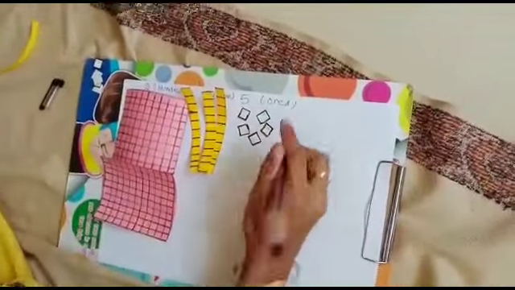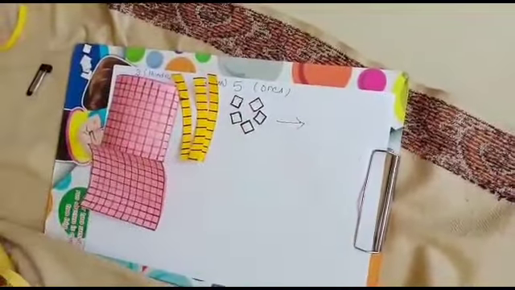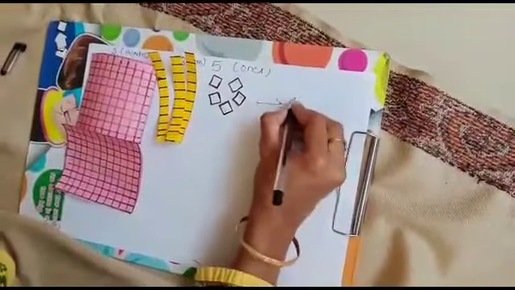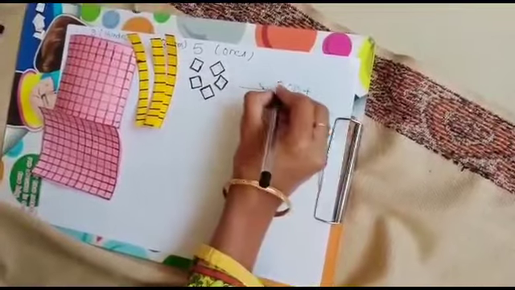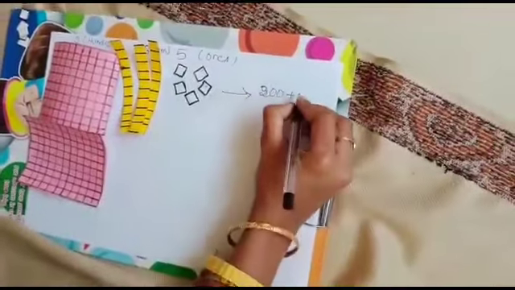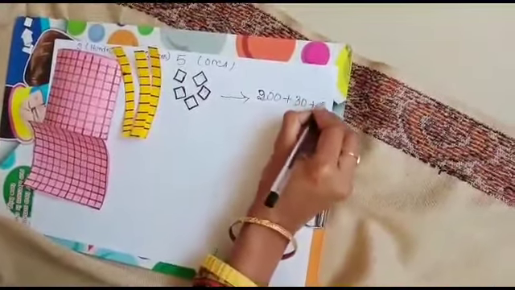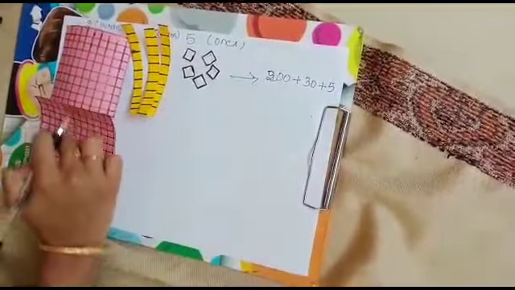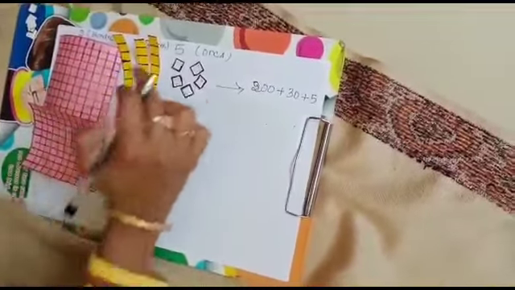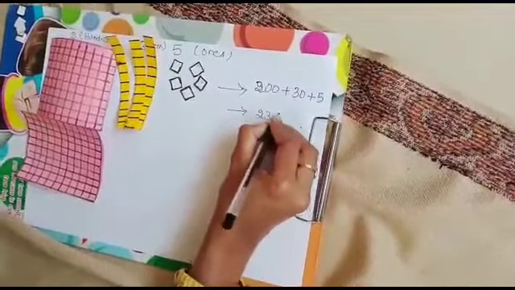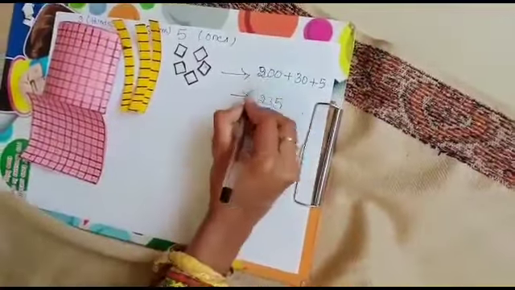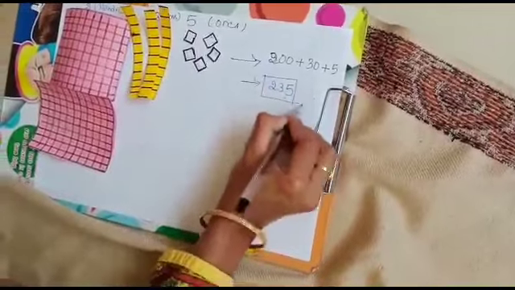Now together if I am joining the number, how are we going to spell this? 200 plus 30 plus 5. So here we have 2 hundreds, 3 tens plus 5 ones. Nothing but how much is the number? 235. So we got a 3-digit number.